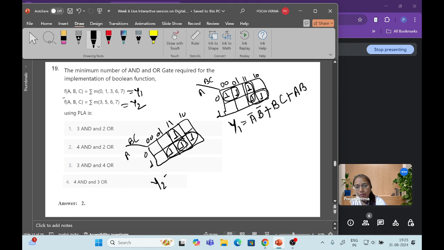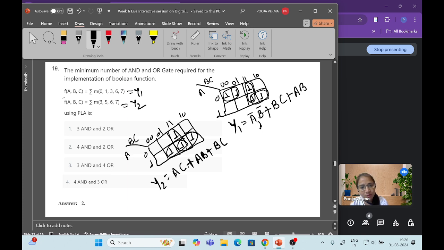So y2 is equal to A, and here 1 is common, so that means C. Here again A, so here 1 is common, that means B. Here again B, C. So now plus means OR, right? And these are the literals, which means AND gates.